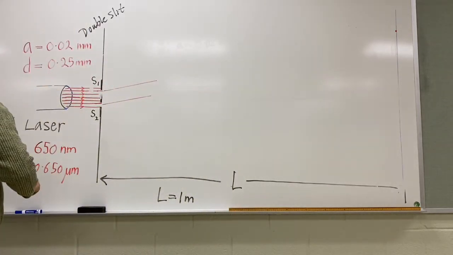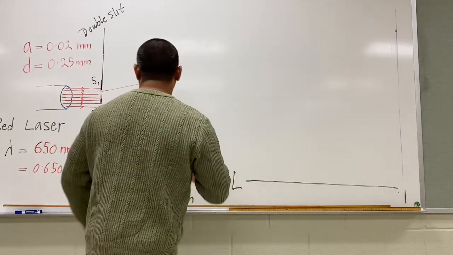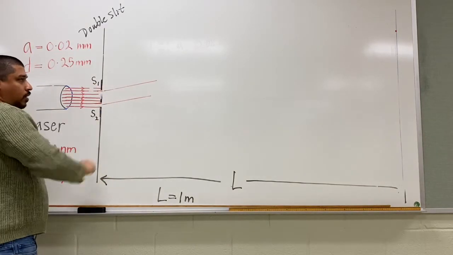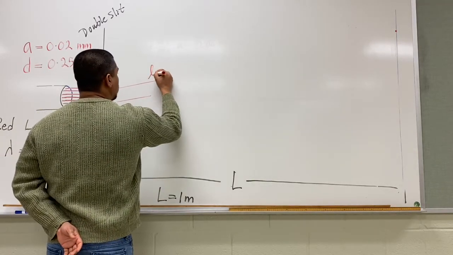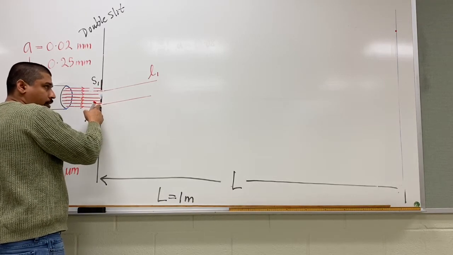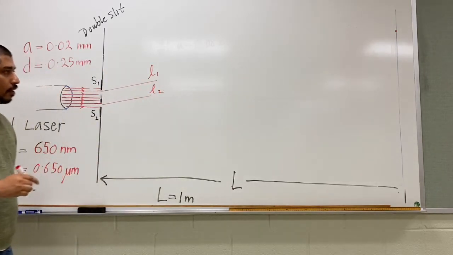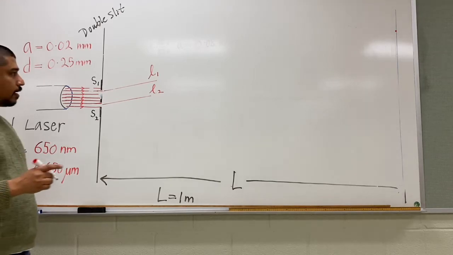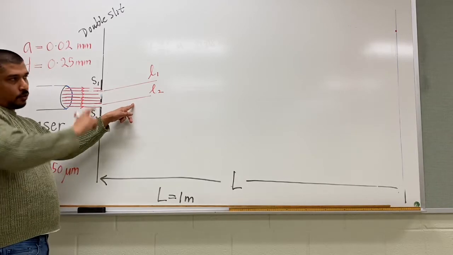So if I consider the distance traveled by ray 1 to reach that point, let's say it is L1, and the distance traveled by light ray 2 emitted by this slit to reach that point, let's call it L2, then the path length difference is the extra distance traveled by this light ray to reach that point.